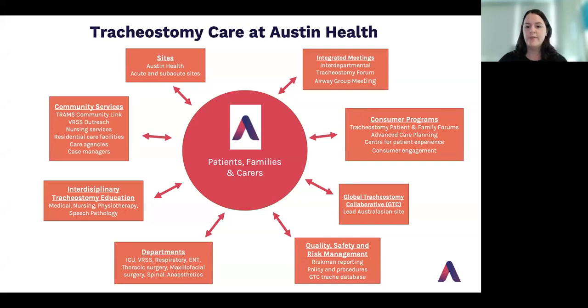Here at Austin Health, we understand that partnering with the patients, families, and carers at the centre of this system is absolutely crucial to its success and ensures that they're involved in our service planning, as well as in reviews and our quality improvement initiatives. We'll explore a few of these elements in some more detail.